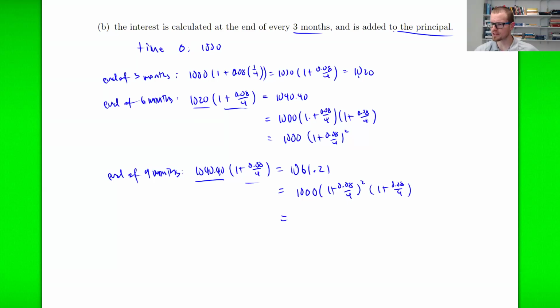So overall, we can write this as $1,000 times 1 plus 0.08 divided by 4 raised to the third power. Now, are there simplifications that can be done here? Of course there are. I can take 0.08 and divide it by 4 and find 0.02. That's fine, but I don't want to do that because I want to look for a pattern here, which is quickly arising, and that pattern in reference to the numbers that we have given in the problem.